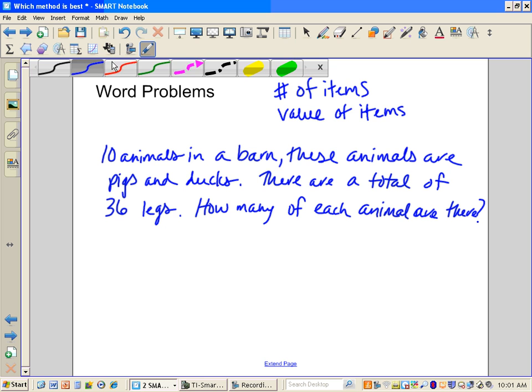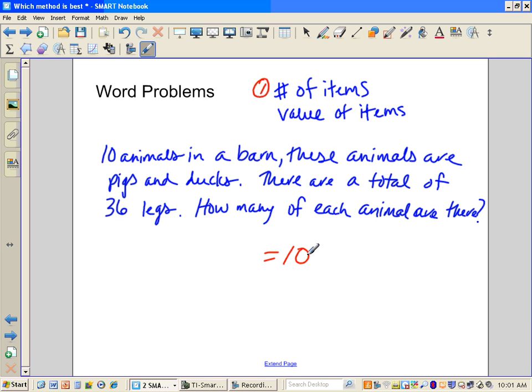Well, here's where you're going to create two equations. The first equation is going to be the number of items. Well, if I have a total of 10 animals and I have pigs and ducks, then the pigs and the ducks make up my 10 items.